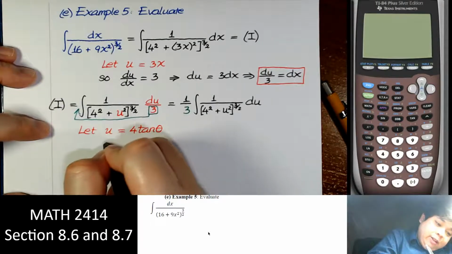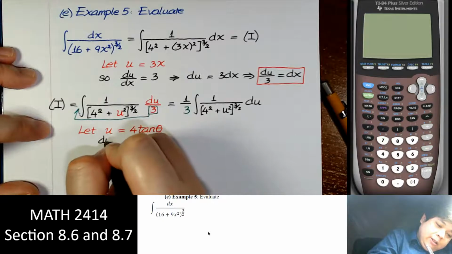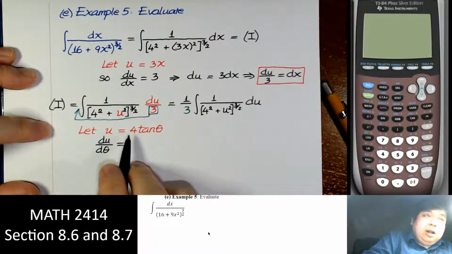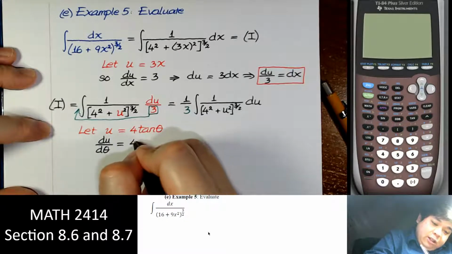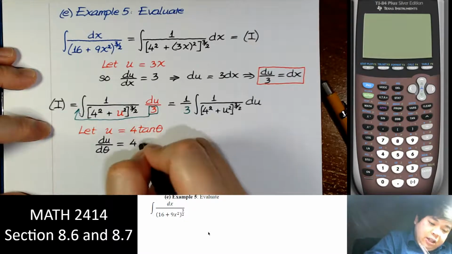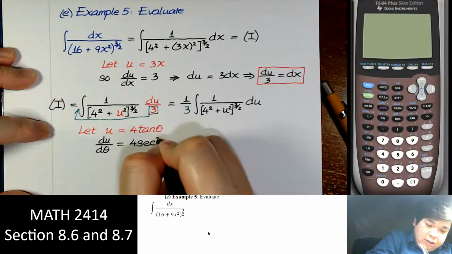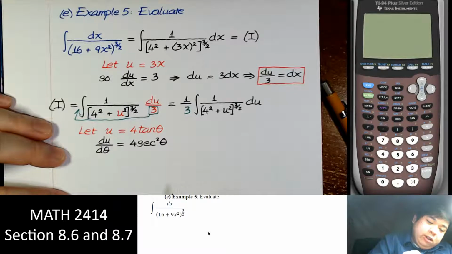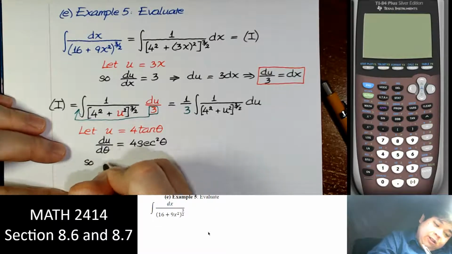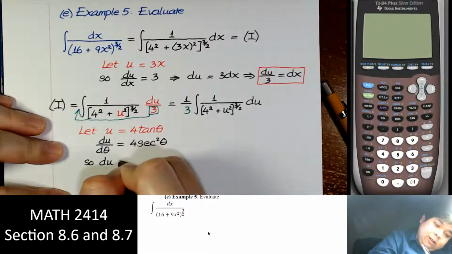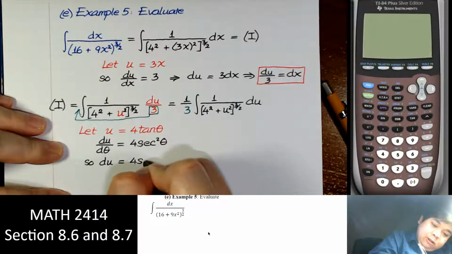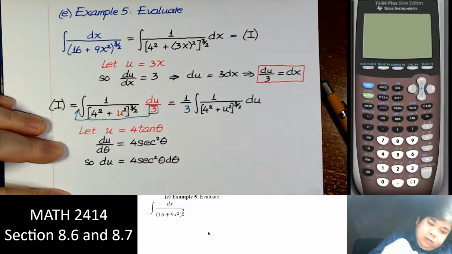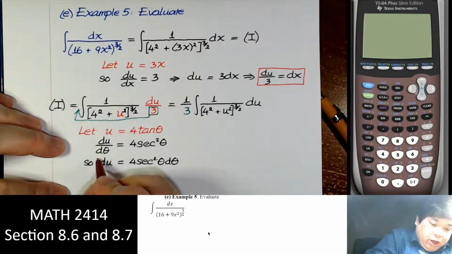Take derivative. Derivative of tangent is secant square, and then we move the d theta over. And we have du.